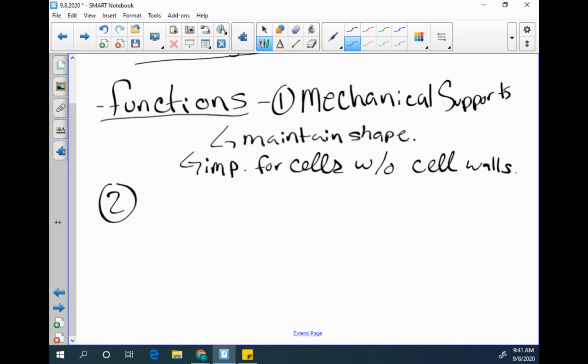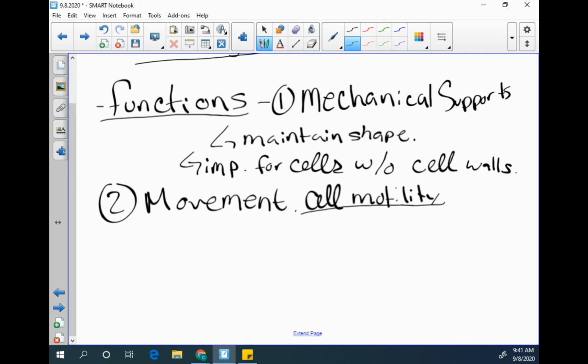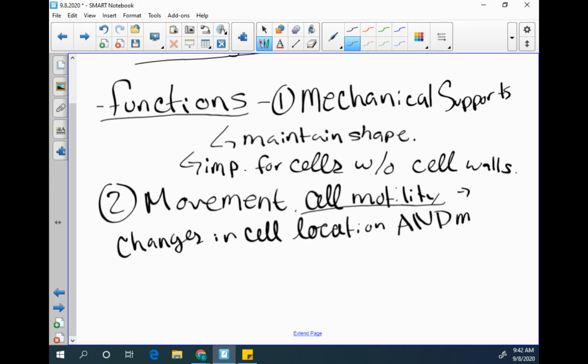Another really important function that cytoskeletons have is movement, or cell motility. In cell motility, that is both changes in cell location and the movement of cell parts.